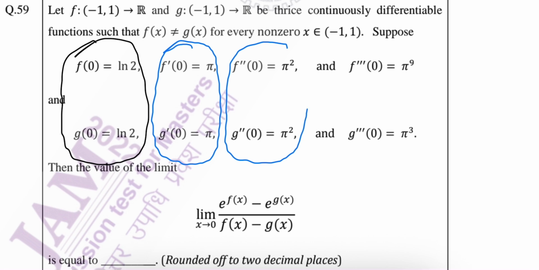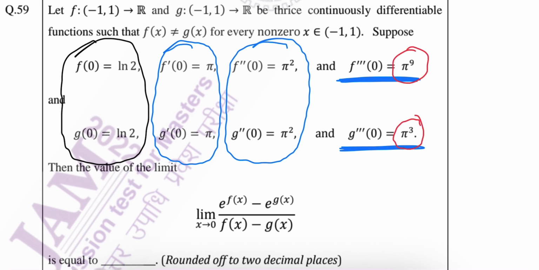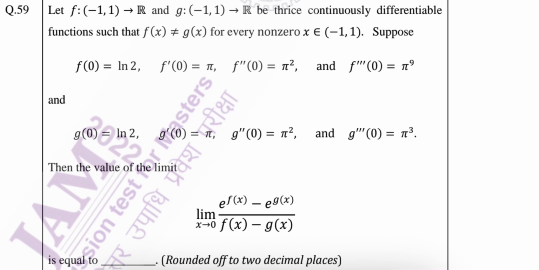For the second order differentiation, the values are the same, 80, and for the third order differentiation, you see the values are different. So it is clear from here that to get the limit, we have to differentiate this 0 by 0 form limit up to third order, and that makes the calculation expression too complex.